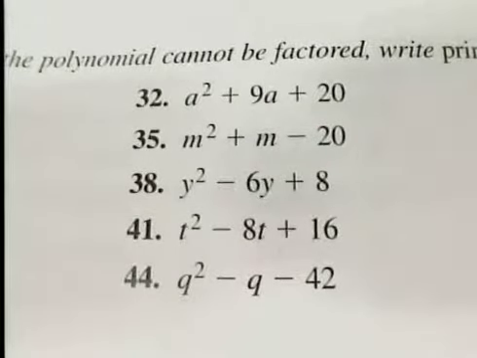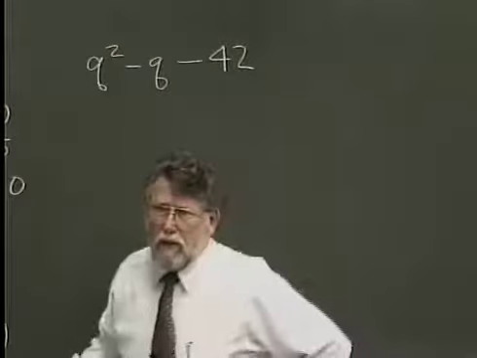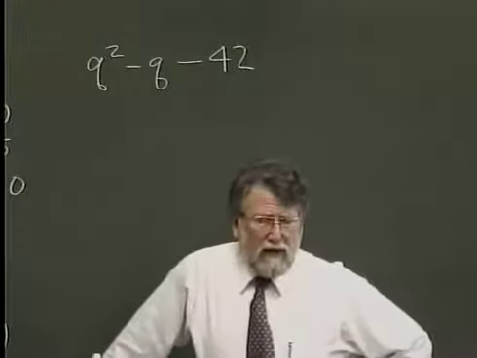Now, we sort of had the same numbers implied that time. Let's try a little different variation. 44. We have q squared minus q minus 42. Now, I want you just to look at the board with me for a moment before you write anything down.